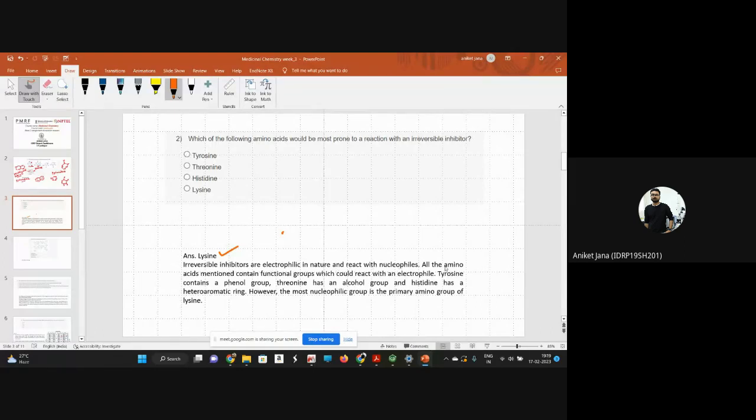All amino acids mentioned contain a functional group which could react with the electrophile, right? Tyrosine contains a phenol group, threonine has an alcohol group, and histidine has an imidazole heteroaromatic ring.